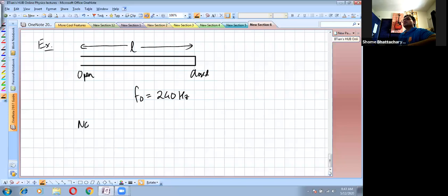Now a hole is made at x equal to L by 5 from its closed end.